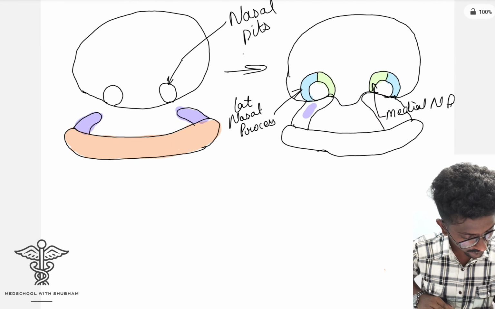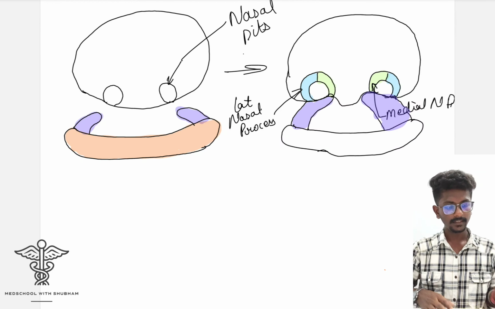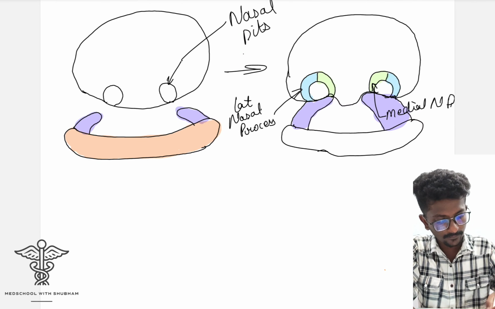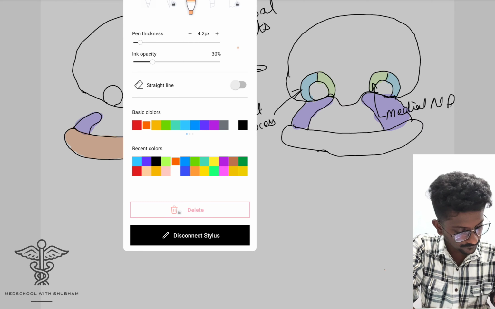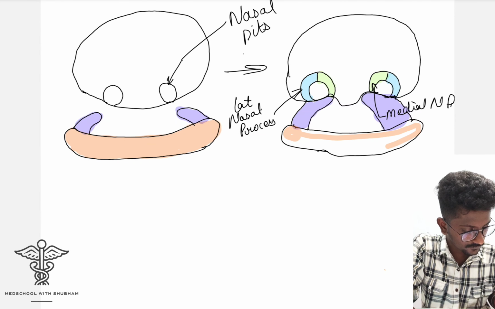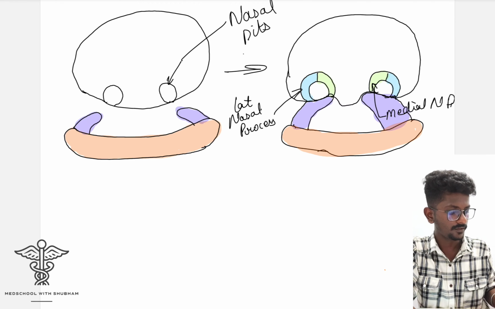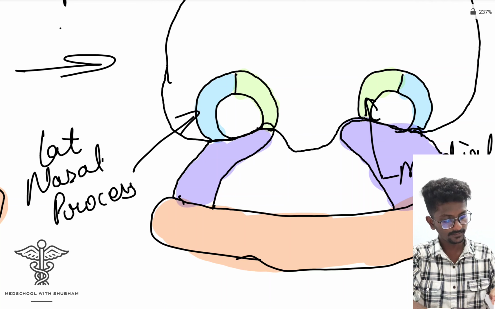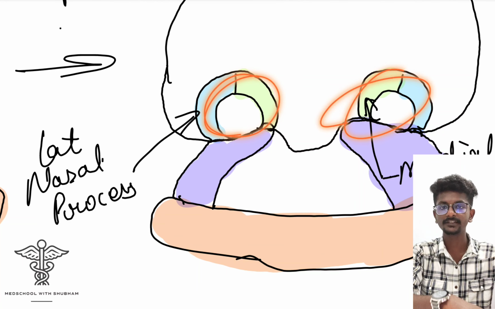Let me color that. Guys, I am using this different color so that you can understand the development of the structures, and where they are coming from. Now what will happen further? See, these nasal processes are rings.